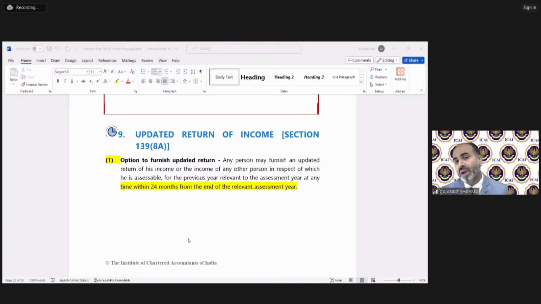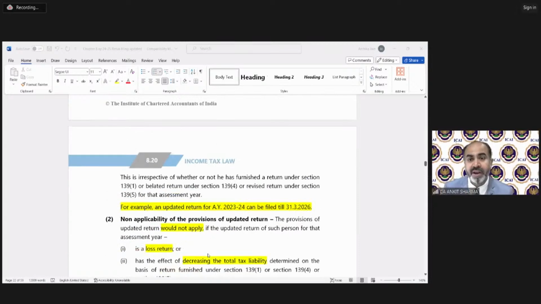So what is your assessment year for the purpose of examination? Assessment year is 24-25. So we can file the updated return up to 24 months from the end of the relevant assessment year. Clear? We have 2 years to update our return. This is irrespective of whether or not he has furnished the return under section 139(1), belated or revised.